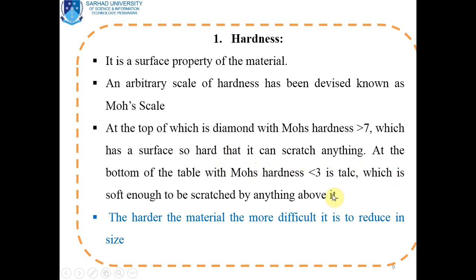At the bottom of the table in this Mohs scale, a Mohs hardness less than 3, example talc, is soft enough to be scratched by anything above it. A material having a hardness of less than 3, for example talc, can easily be scratched by a material having a value above this.